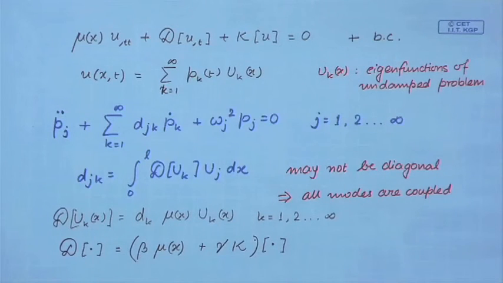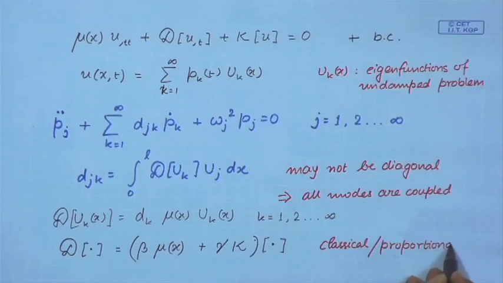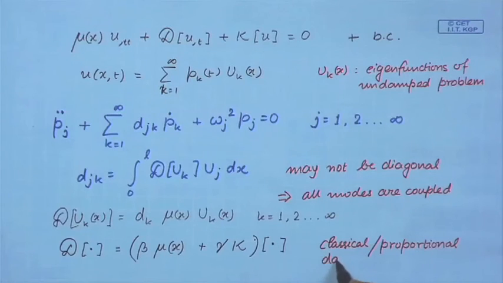Such a damping operator is called the classical or proportional damping operator. So, classical or proportional damping: we say that a system is classically or proportionally damped when the damping is a linear combination of the inertia and the stiffness operators.